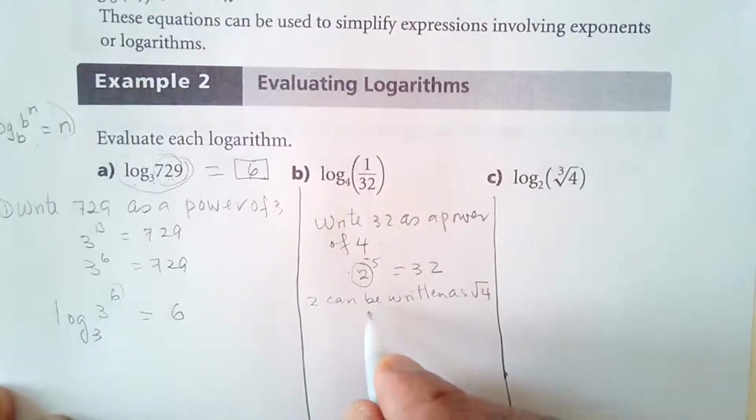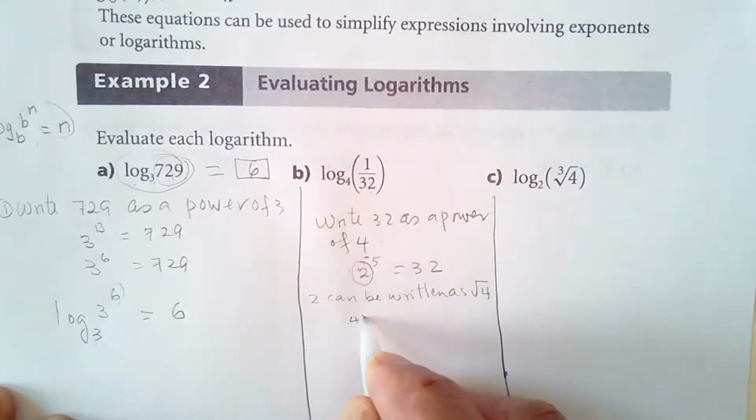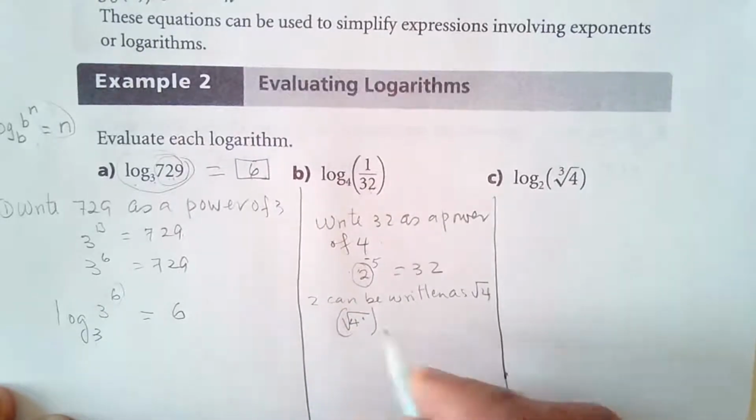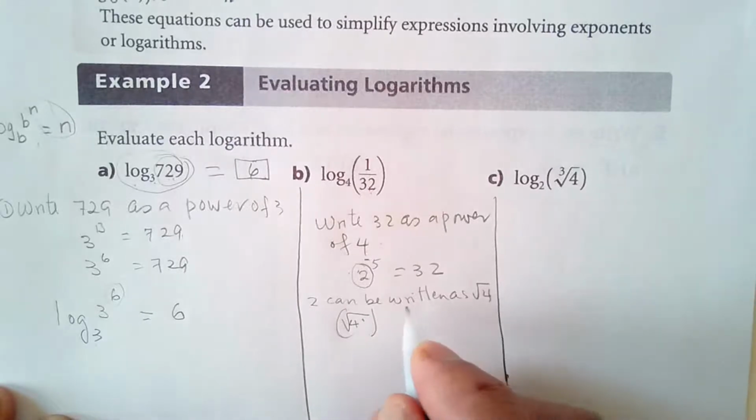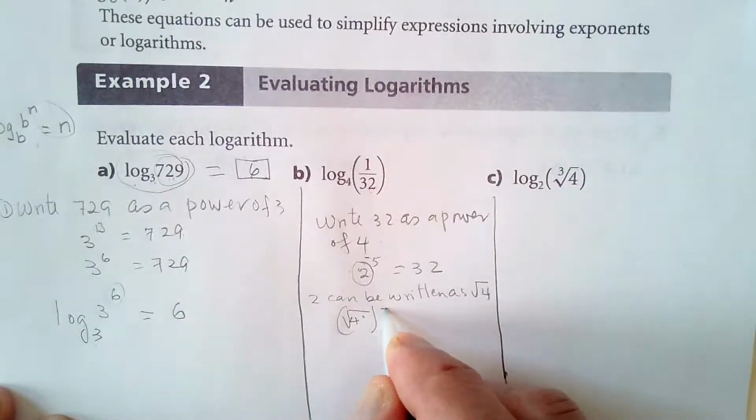So we have the square root of 4 to the power negative 5.